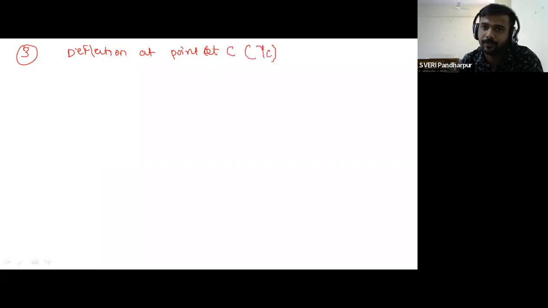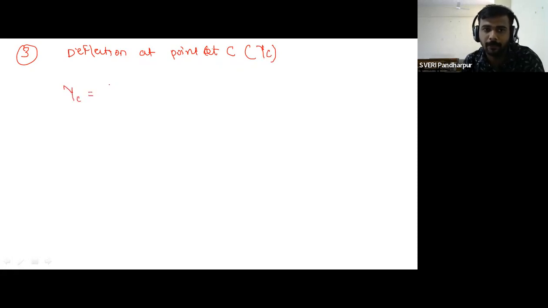And third one, deflection at point C, that is YC. So tell me the formula.